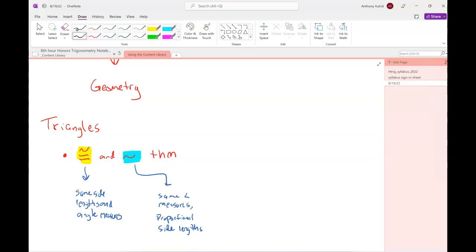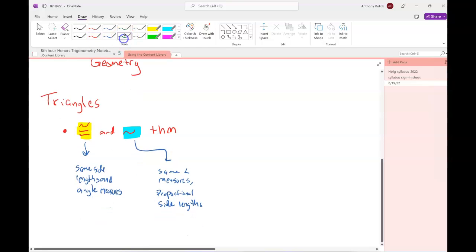Okay? And then, I'm sorry, who gave me the side? Okay. Yes. What was your name again? Ariana. Thank you, Ariana. So side angle side is a theorem for both congruence and similarity.